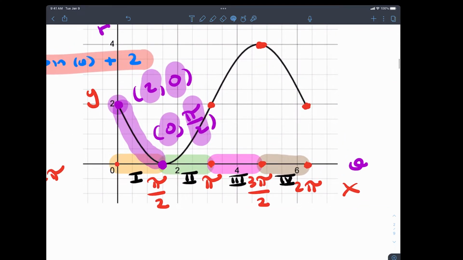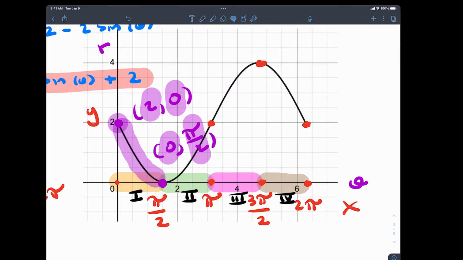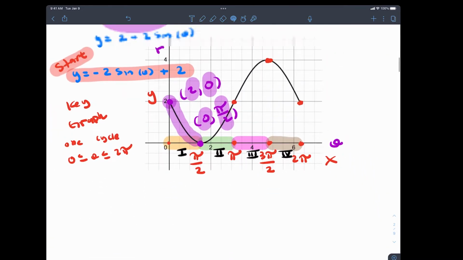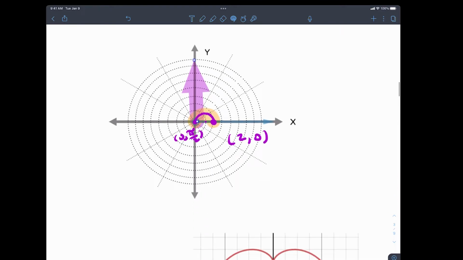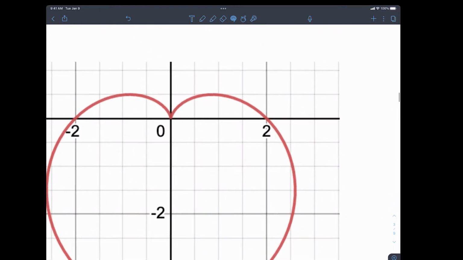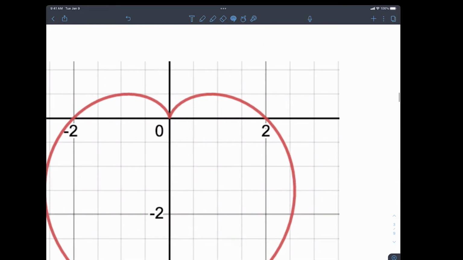I'm thinking of this as y is really the r axis. So all of these here is my polar coordinate points. That's why you have to learn how to graph in polar. And so you say, wow, Mr. Judge, that's amazing because that's exactly what we have here. This is that quadrant 1 piece. This is how you graph in polar.